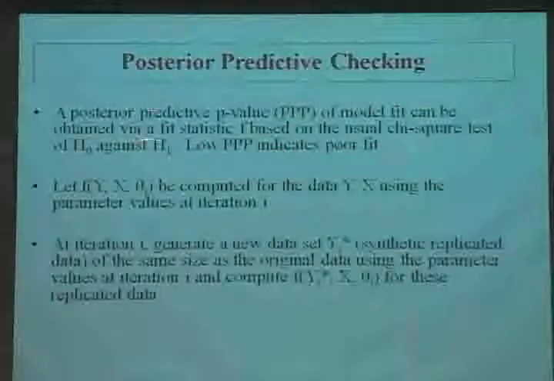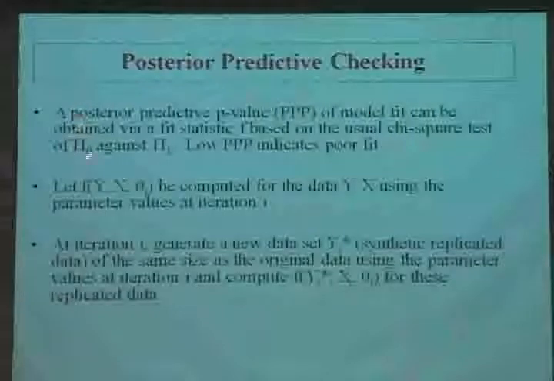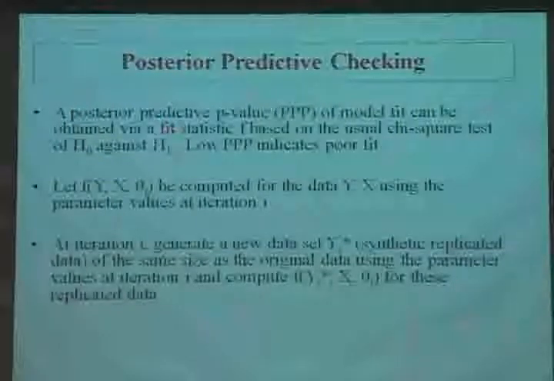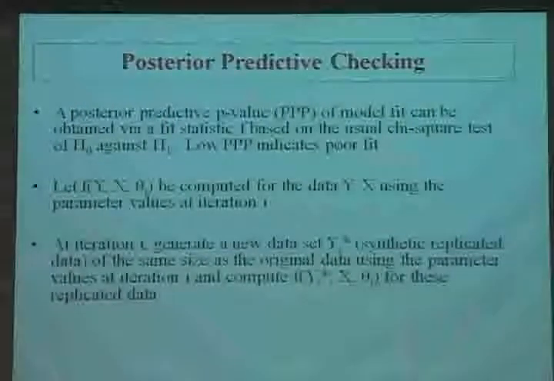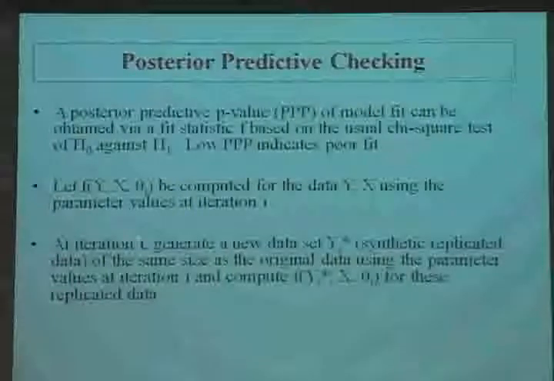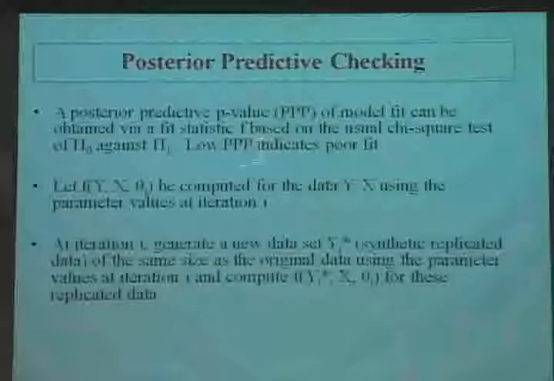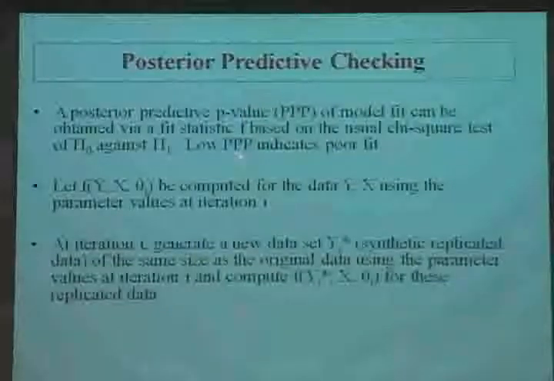Basically, here's how it works. You get the structural model, the H0 model, and you're going to be testing it against the unrestricted variance covariance model, and the posterior predictive p-value. It works kind of like the frequentist p-value.